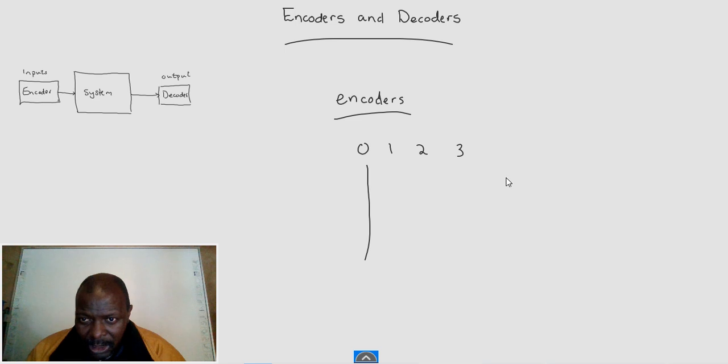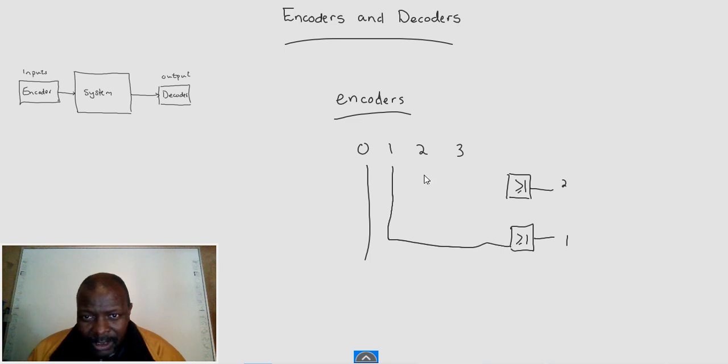You only have 2 bits, so that would mean 2 gates, and then your 2 and your 1. Meaning that your maximum count there is 3. So that will be the 1, that will be the 2, and the 3 would be that and that. So that is your 2-bit decoder.